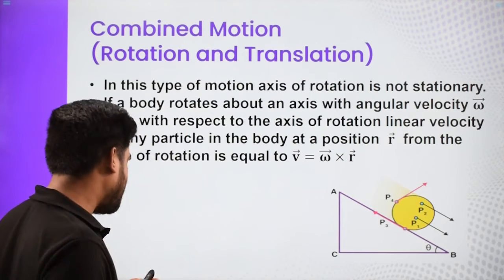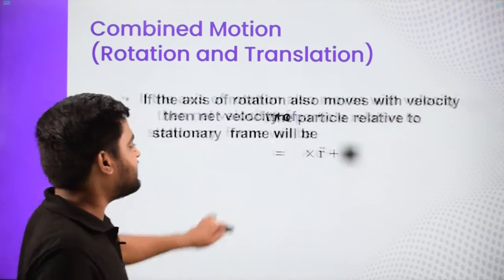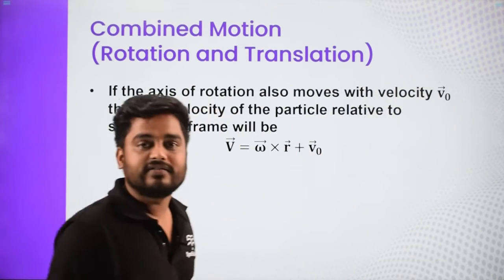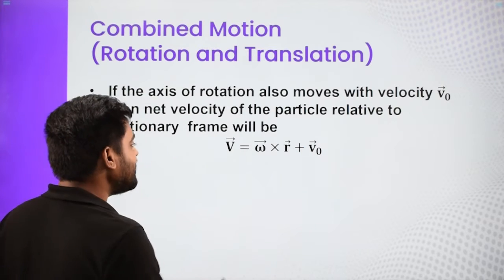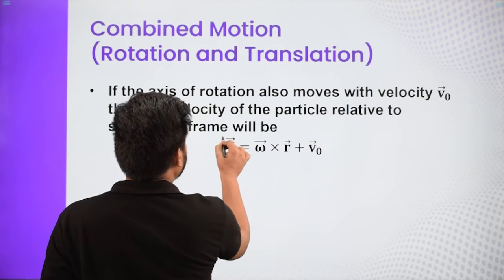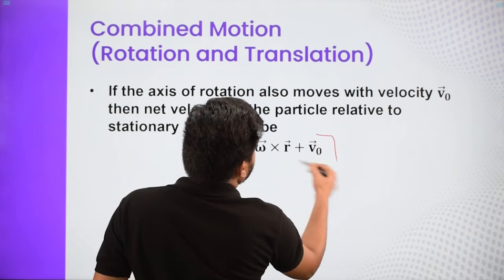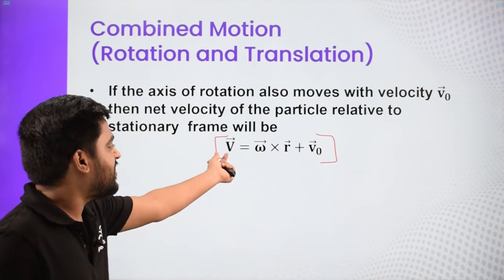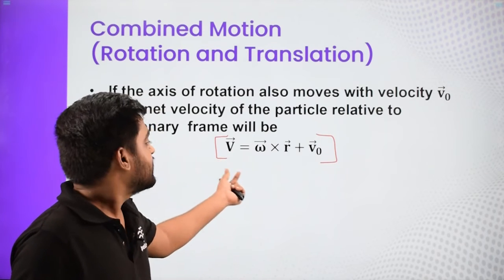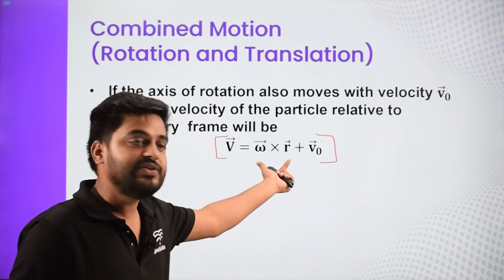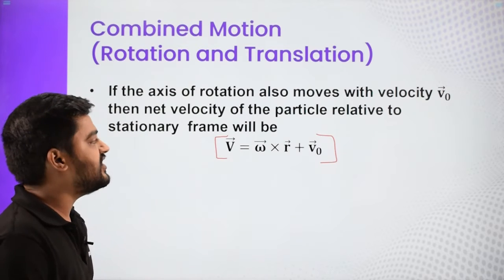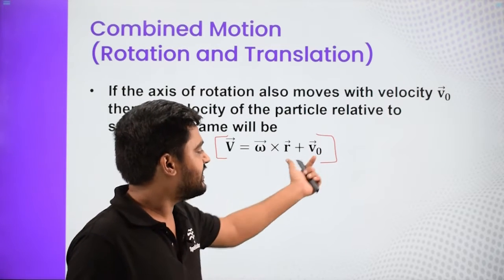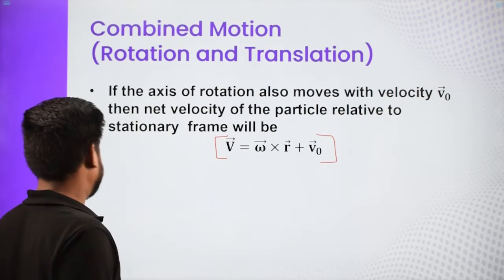If we add another velocity, v naught, the velocity of the axis of rotation itself, then we will get the velocity of each and every particle. So this is going to be the formula for the velocity of any particle. This is the velocity due to rotation and this is the velocity due to translation. When we do the vector addition, we get the overall velocity with respect to the ground itself.